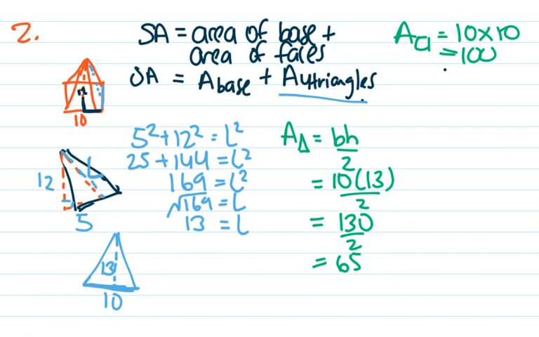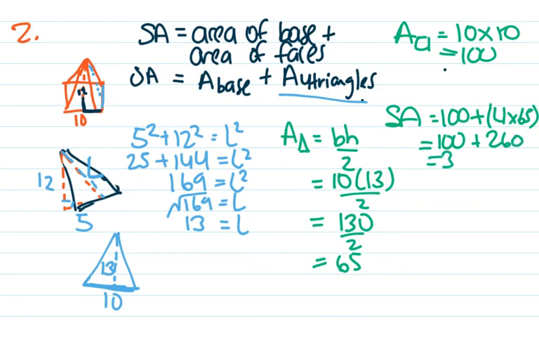So now the total equals area of the base, 100, plus the area of 4 triangles, so 4 times 65. That's 100 plus 260. So total surface area is 360 centimeters squared.